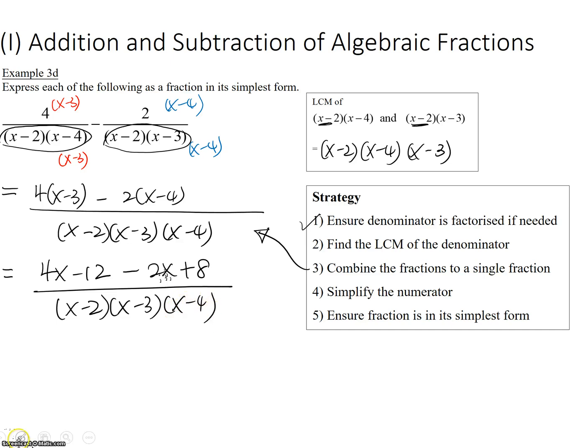Take note that in your expansion, this is a plus 8 because minus 2 times minus 4 is a positive 8. So with this, you will now simplify your numerator, and you get 2x minus 4 over this.